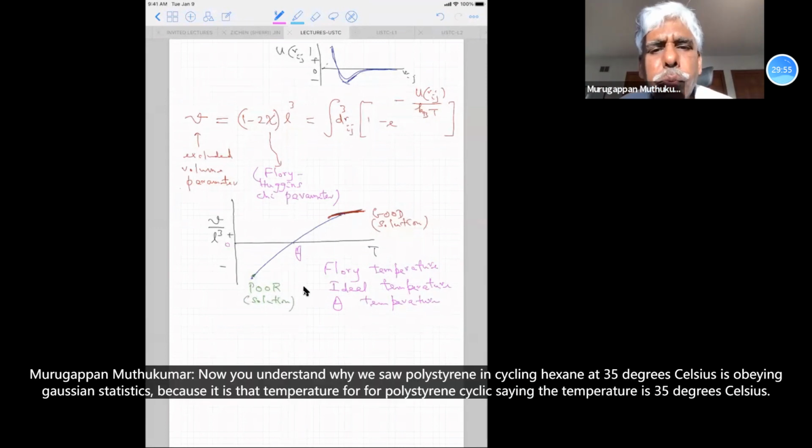Now you understand why we saw polystyrene in cyclohexane at 35 degrees Celsius obeying Gaussian statistics, because it is at that temperature. For polystyrene in cyclohexane, the theta temperature is 35 degrees Celsius.